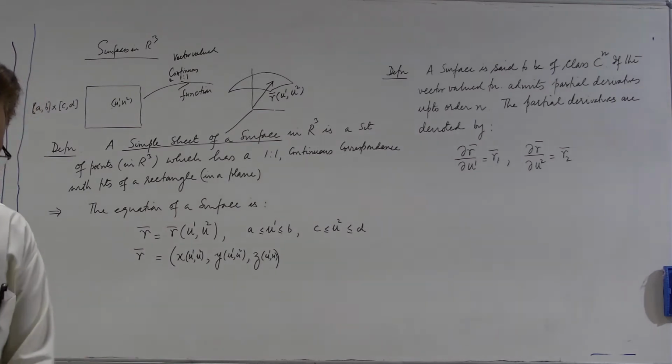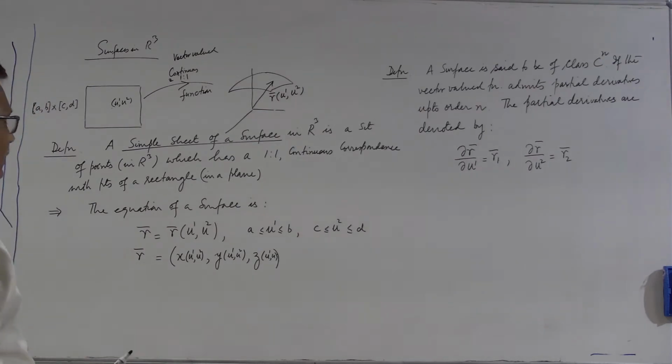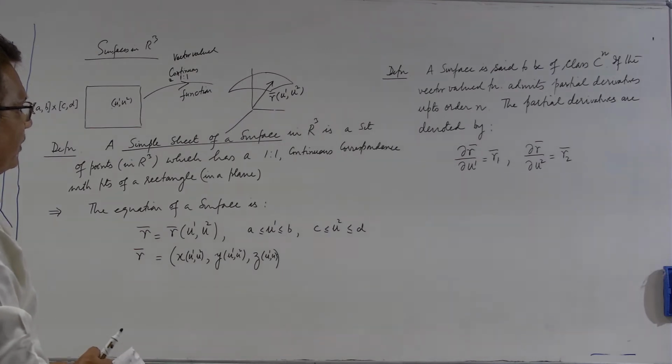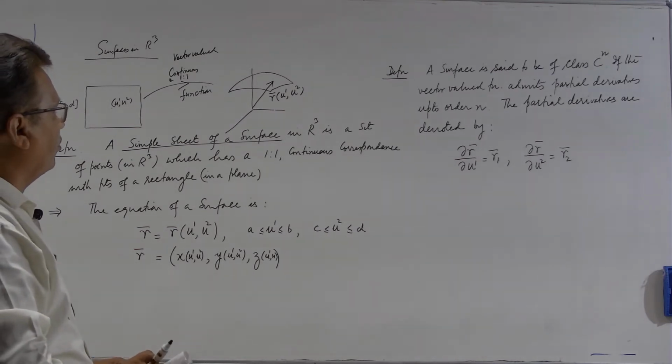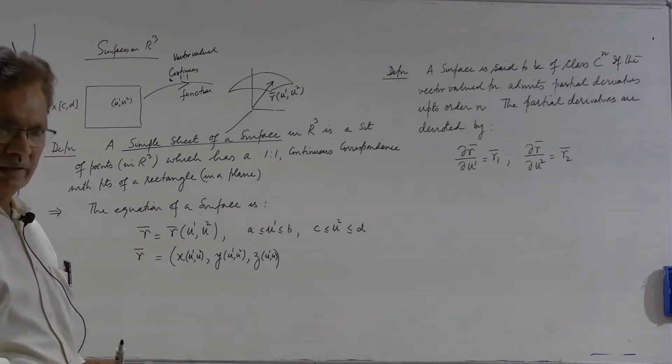Now, if I impose one more condition, that the cross product r1 cross r2 is non-zero at a point P, we will call that point of the surface a regular point.